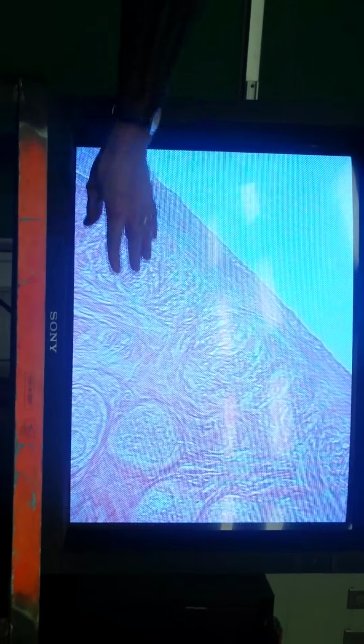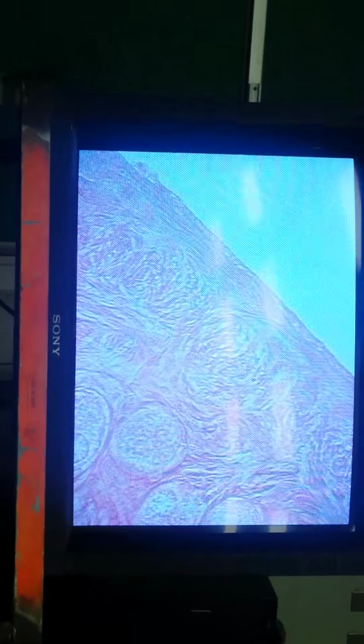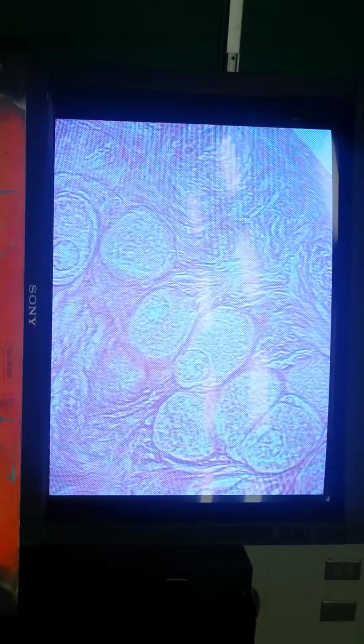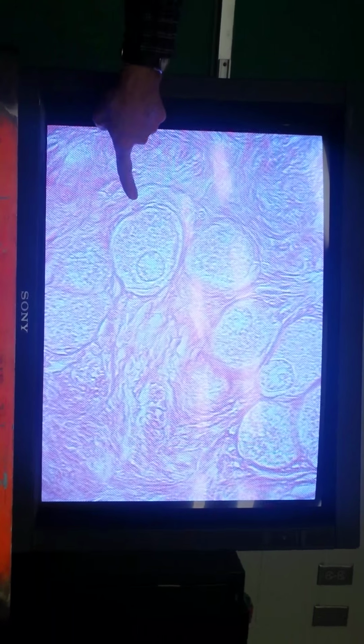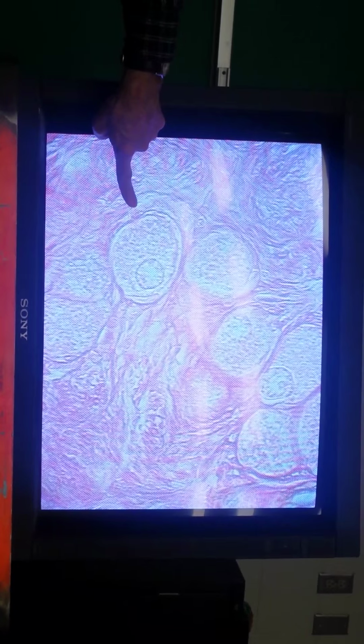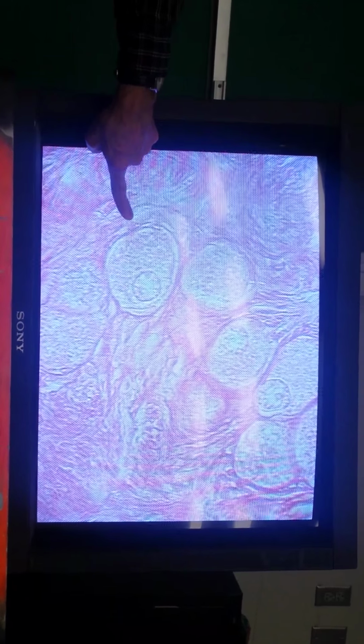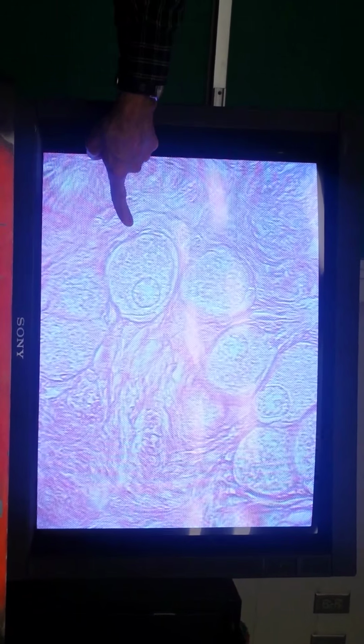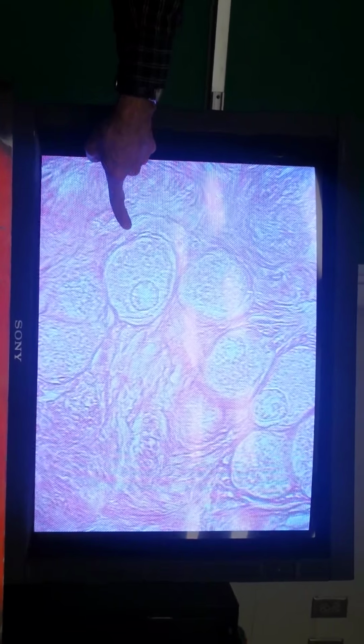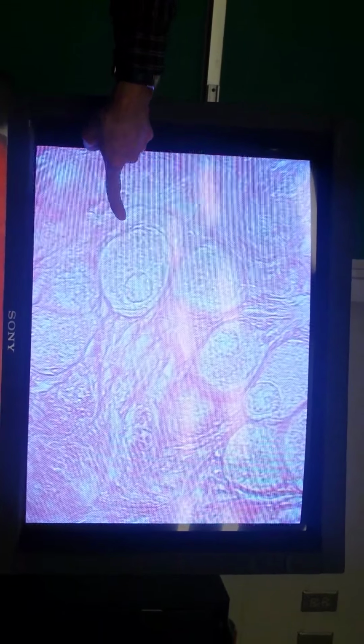Here's our tunica albuginea. Now we're into the stroma, and particularly we're in the ovarian cortex because we see ovarian follicles here. And what is this follicle? Primordial. This is a primordial follicle.